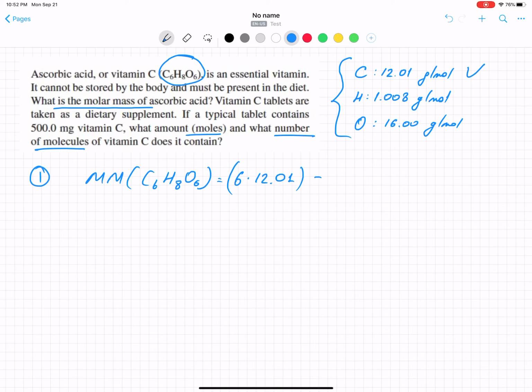That's C, plus H times 8, plus, and the last one is oxygen, which is 16 times 6.